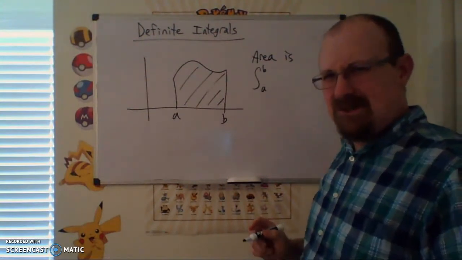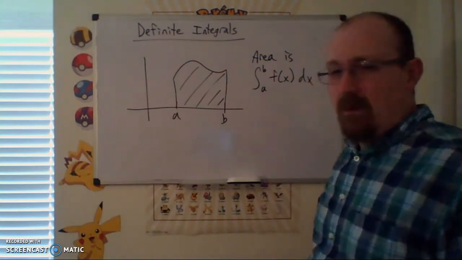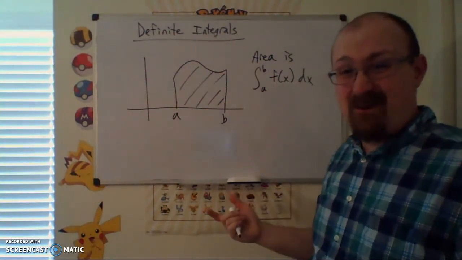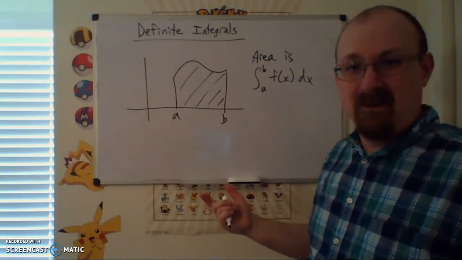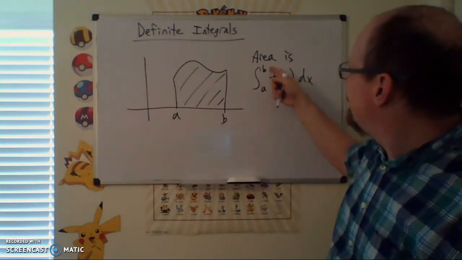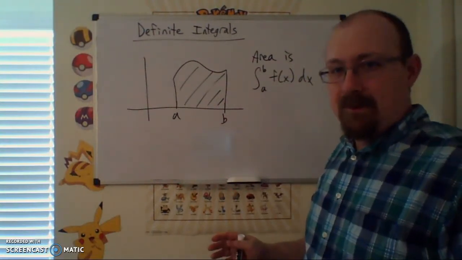So you'll notice this notation looks pretty familiar. We've got the funny stretched out s, we've got the dx at the end, f of x is sitting in the middle. We call that an integrand. I can't remember if I used that word before. If you hear me say it, that's what I mean, function inside an integral. And we have these things we refer to as the limits or the bounds of the integral written alongside it.